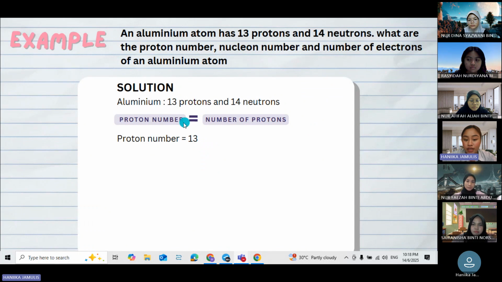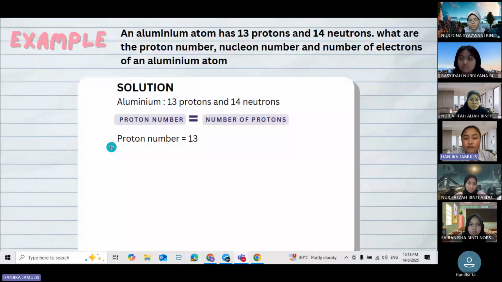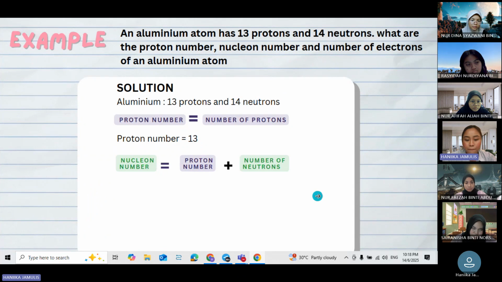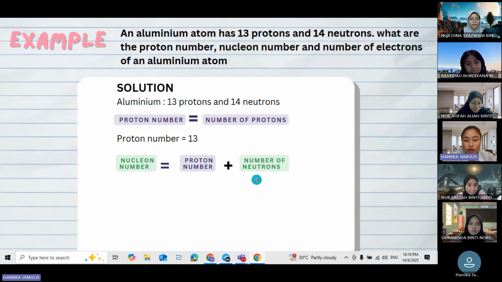Based on the formula that we know before, we know that proton number and number of protons is equal. Hence, we can find the answer for proton number, which is 13. Next. Okay. We can find the nucleon number by adding proton number and number of neutrons.